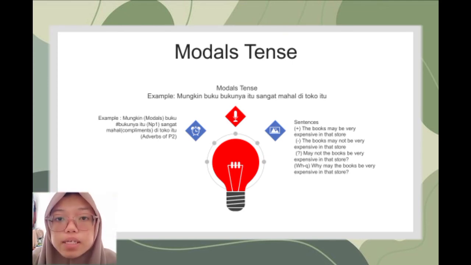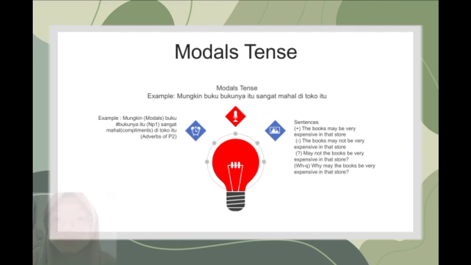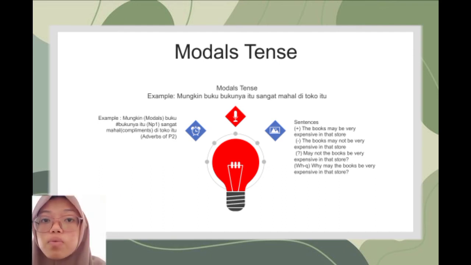Modal tense. Example: mungkin buku-bukunya itu sangat mahal di toko itu. For example, mungkin is the modal, buku-bukunya itu is NP1, sangat mahal is the complement, di toko itu is the adverb of P2. Modal tense positive: the books might be very expensive in that store.